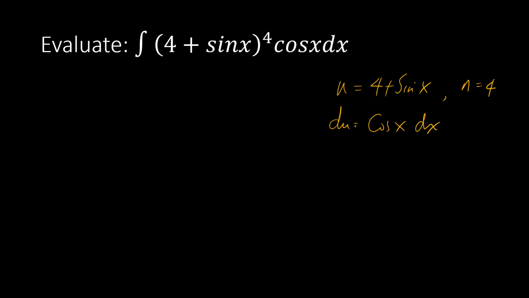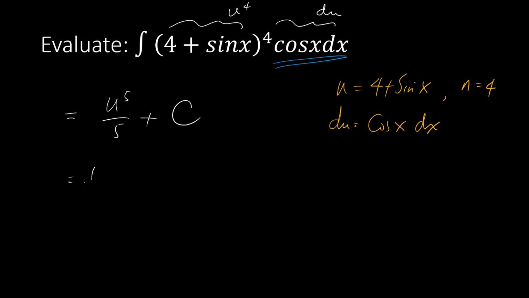So see that the required du, cosine x dx, appears in our integral. So we can immediately apply the power formula. This is u raised to 4 du. And that equals u raised to 5 all over 5 plus c, or 1/5 (4 plus sine x) raised to 5 plus c.